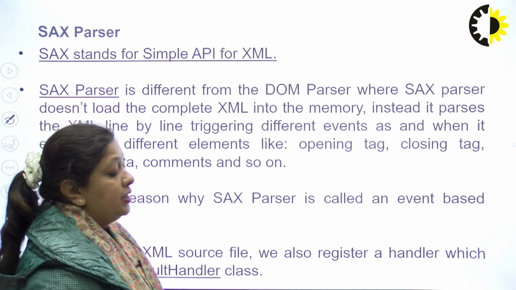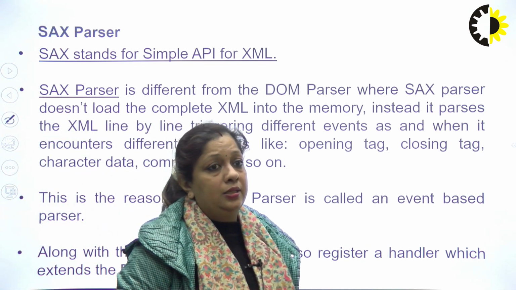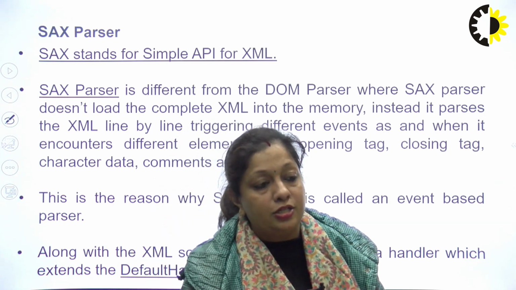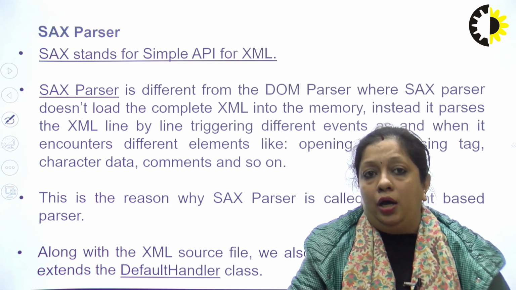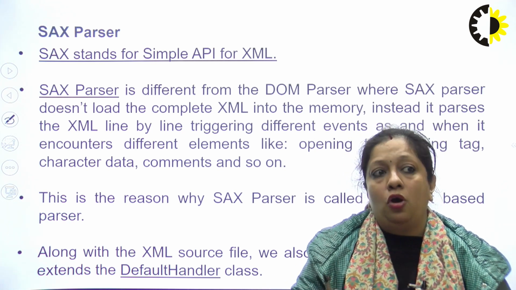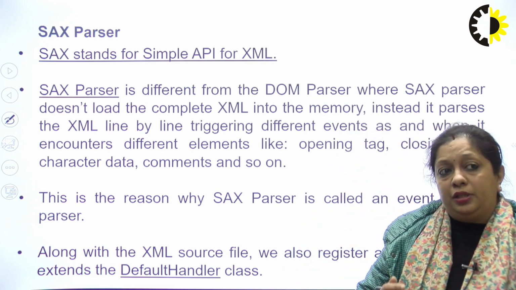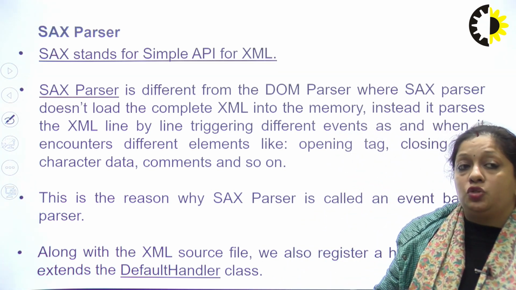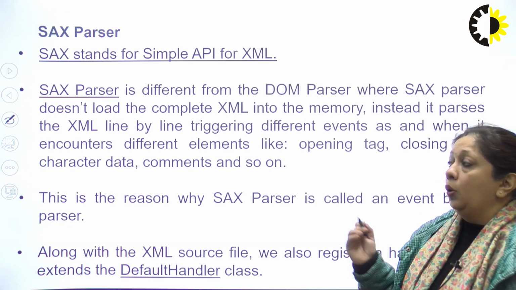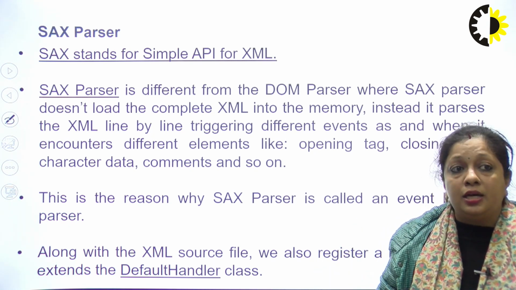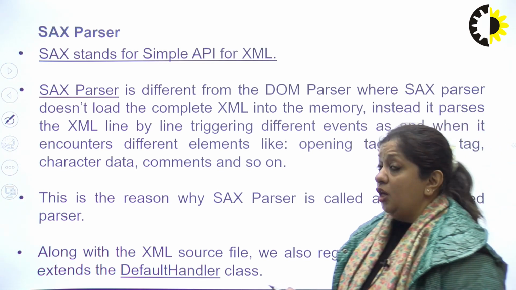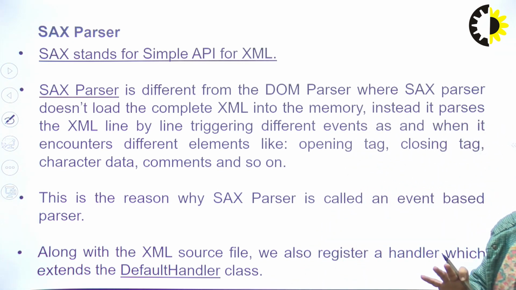So SAX parser is actually an event based parser. Since it is a parser, obviously it is going to go through the XML document line by line, but here the triggering point will be the events which will be encountered by the parser while going through the document. That is why it is known as an event based parser. So a SAX parser is different from a DOM parser because SAX doesn't load the entire file into the memory.